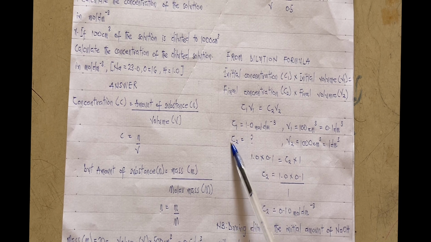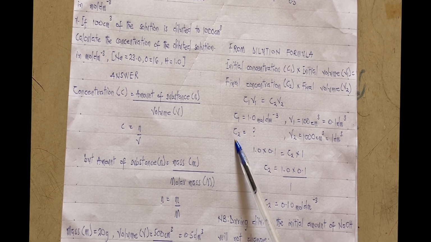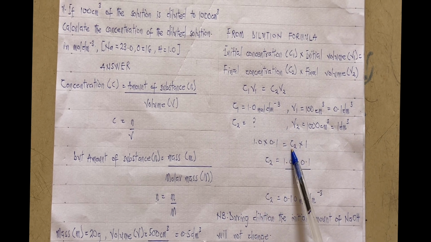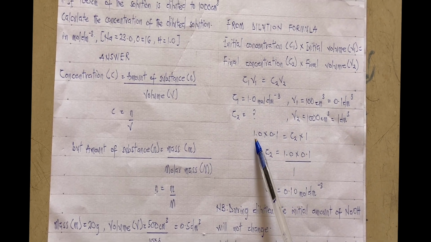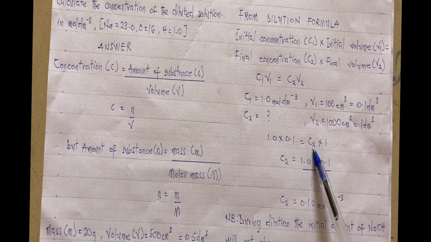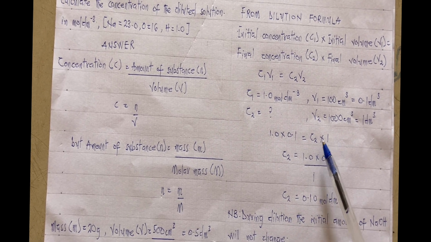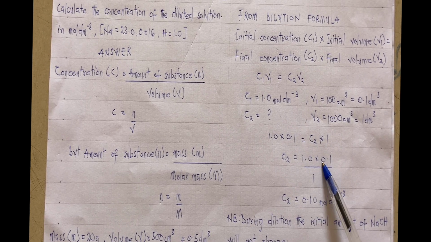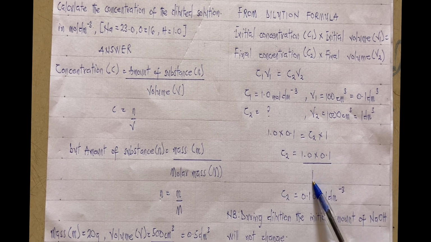So now we can find our C2, which is the final concentration. From this, we can make C2 the subject. So we have 1.0 times 0.1 equal to C2 multiplied by 1. Making C2 the subject, C2 will be equal to 1.0 times 0.1 all divided by 1.